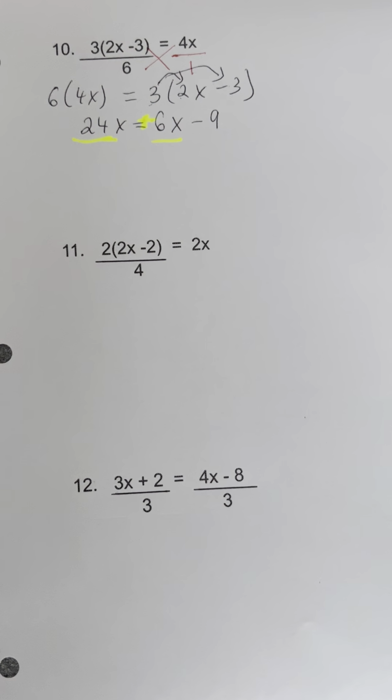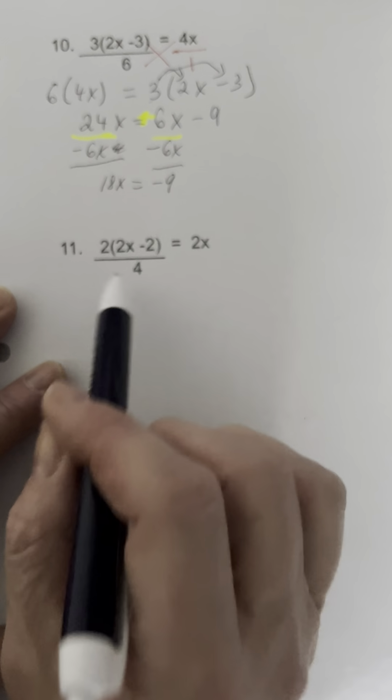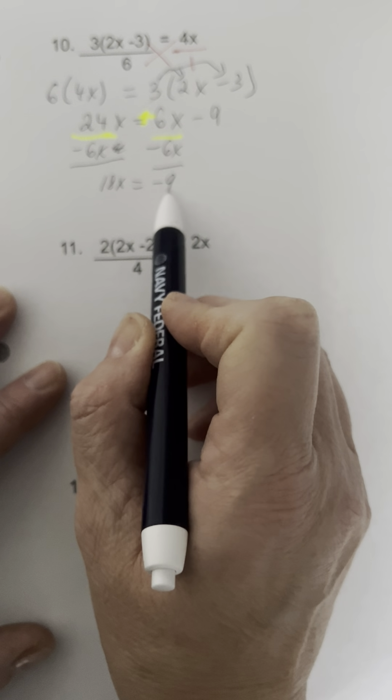And you're going to bring down the other term, which is negative 9. So I'm going to have 18x and negative 9.